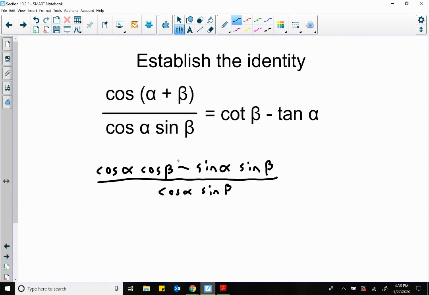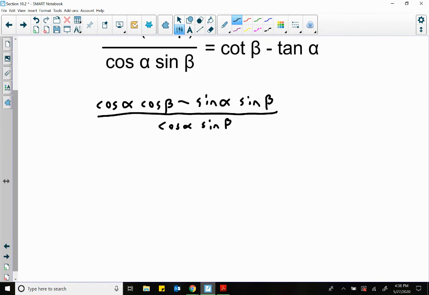Again, I told you in the previous section, if you have subtraction or addition in the numerator, that just means these were two fractions that were added and subtracted together. So let's separate these out.